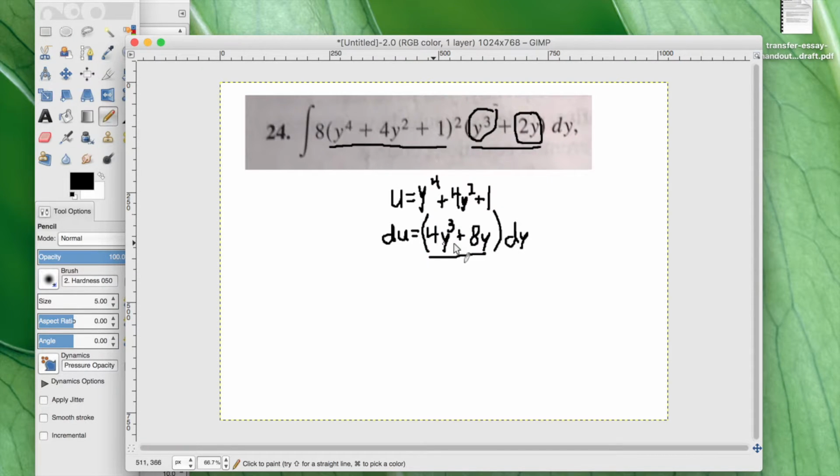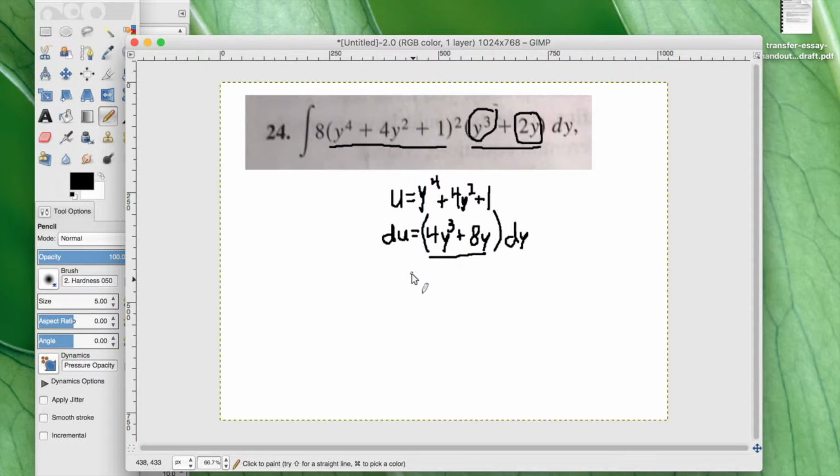This is 4y cubed, and this is 8y. Do we start seeing a pattern over here? Anyone see it yet? This value right here, 4y cubed plus 8y, is actually 4 times y cubed plus 2y.